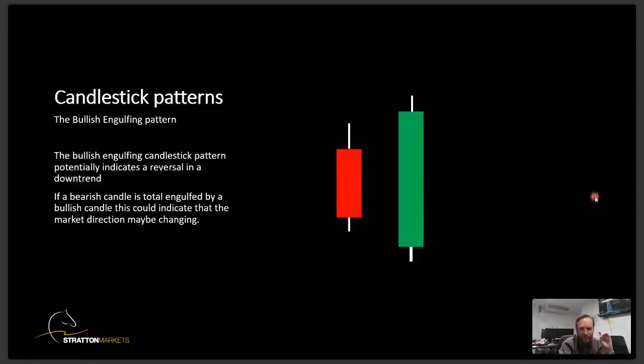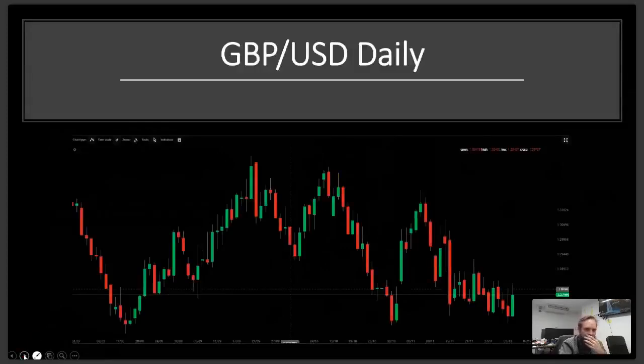The bearish candle, i.e. this candle for the example of this illustration, is engulfed completely by a bullish candle, as in it takes over the body and majority of the wick of that bearish candle, then it indicates that the market direction may be changing. Here's an example of that again.